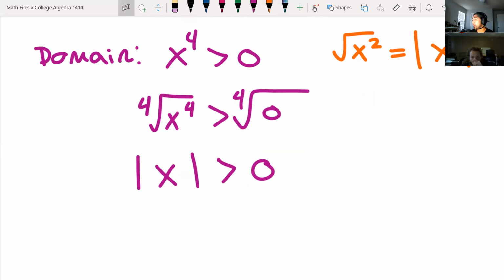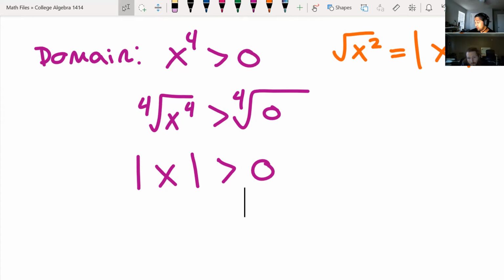So what does the absolute value mean? We can plug in anything negative and it will come out what? Positive. So what this absolute value is telling us is that we can use numbers headed towards negative infinity, because they'll always come out positive.